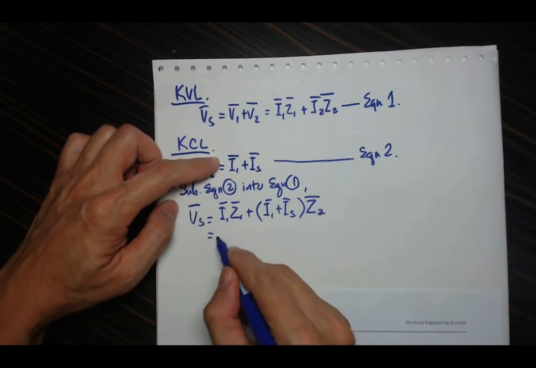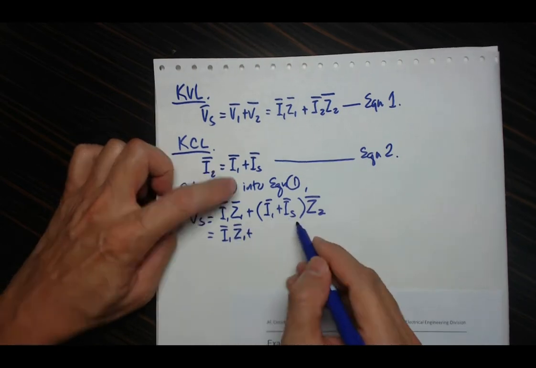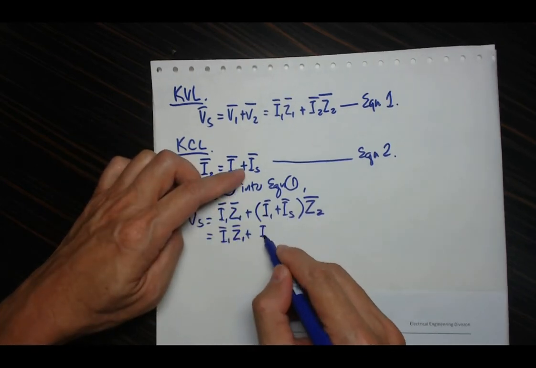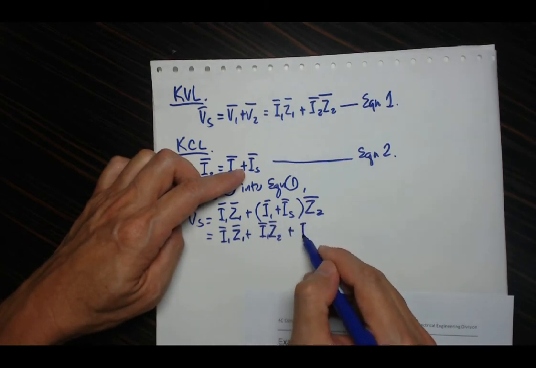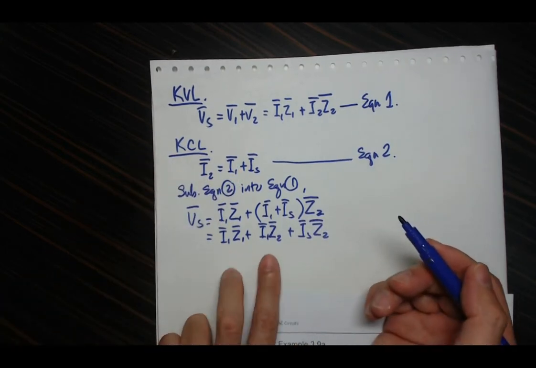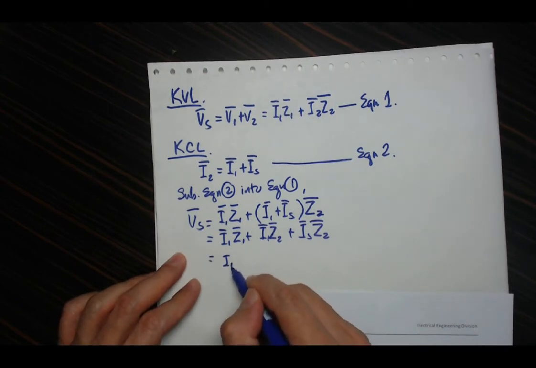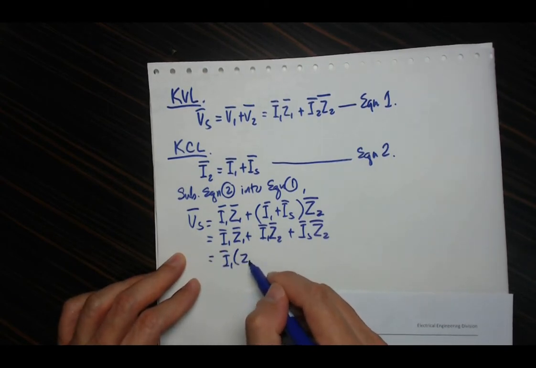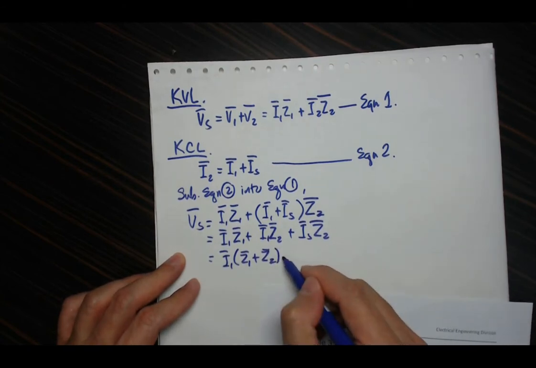Rearranging it, I will have I1 Z1 plus I1 times Z2 plus Is times Z2. Now since I1 is common to these two, I can group them together as Z1 plus Z2, which is actually the total impedance.